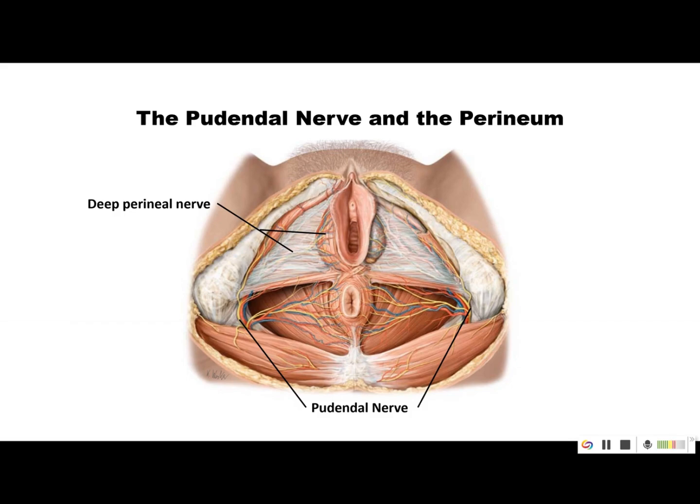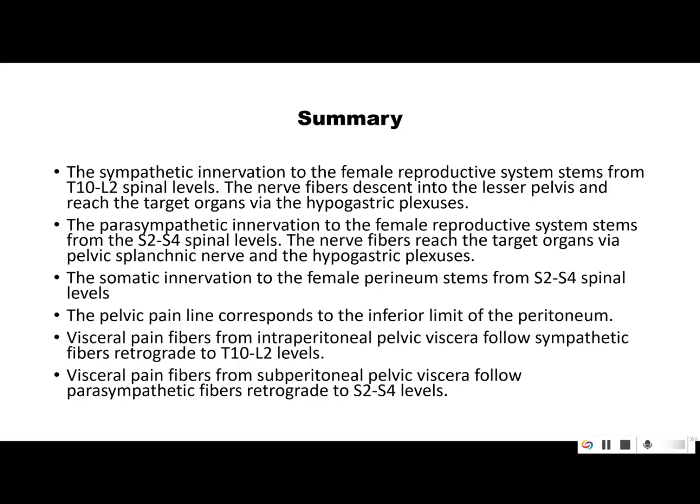To summarize, the sympathetic innervation to the female reproductive system stems from T10 to L2 spinal levels. The nerve fibers descend into the lesser pelvis and reach the target organs via the hypogastric plexus. The parasympathetic innervation to the female reproductive system stems from S2 to S4 spinal levels. The nerve fibers reach the target organ via the pelvic splanchnic nerve and the hypogastric plexus.